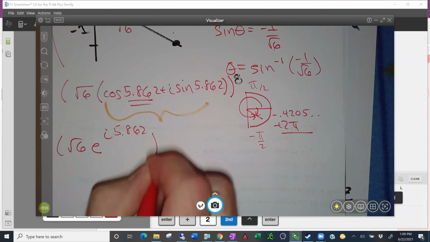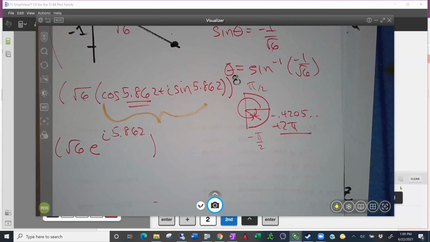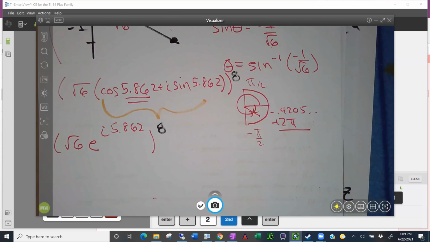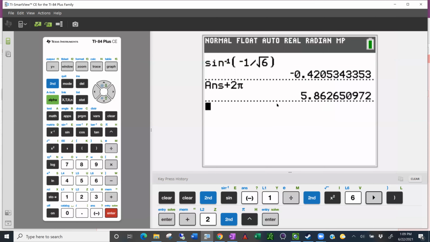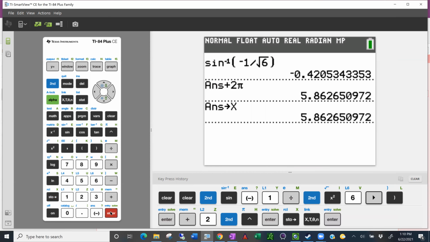And that's still all to the 8th power, right? Correct. Now, at this point, it might be helpful to save this number in someplace. So I'm going to store that in X. So I'm going to hit store in X. Okay, fine. Looking good there.